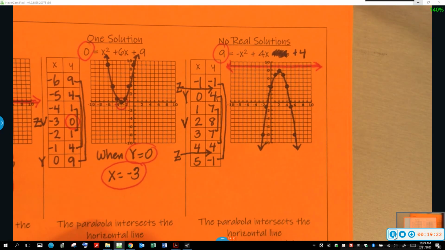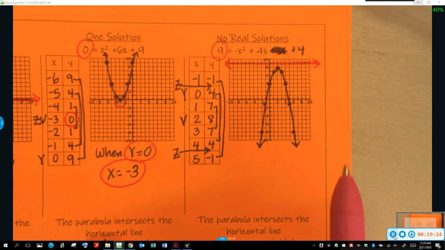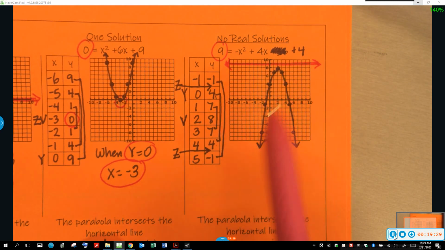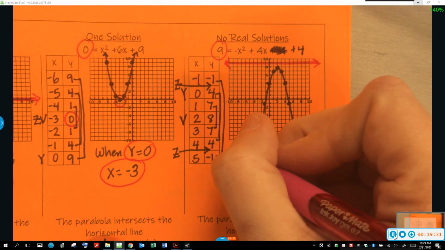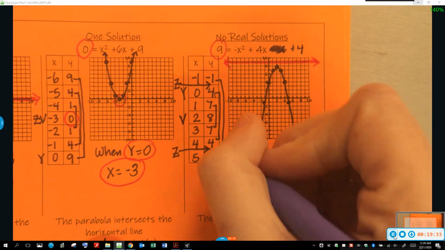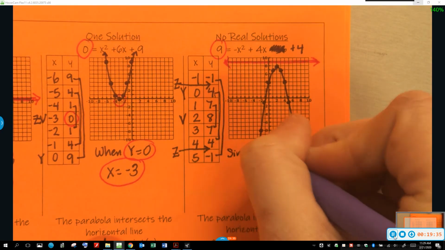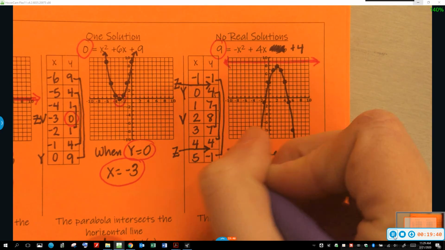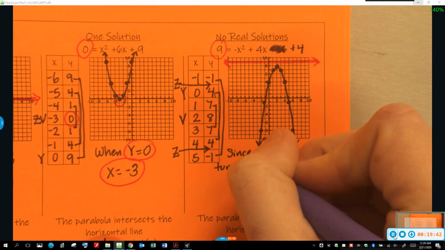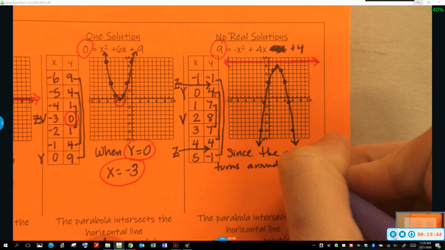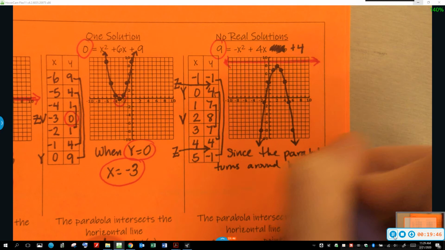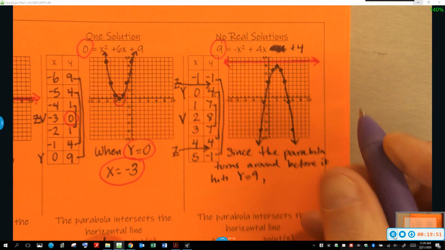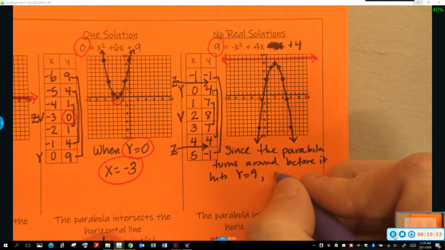Okay? Now, what's happening, though? It doesn't touch 9, does it? So, let me get the right color pen. So since the parabola turns around before it hits y equals 9, there is no real solution.